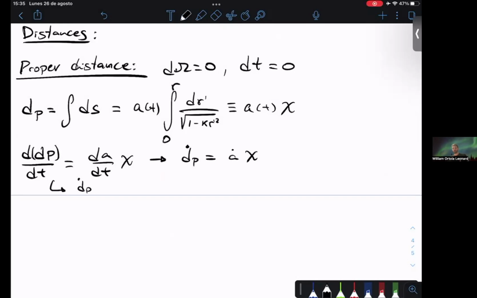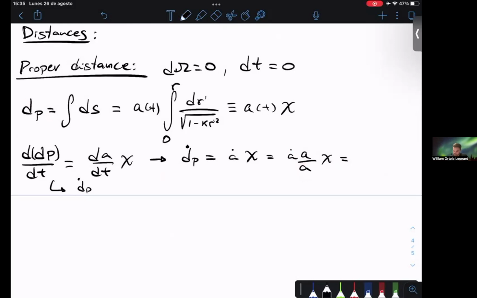And now we're going to do the same trick that we did in the previous videos, which was multiplying and dividing by the scale factor. And what we end up finding is a dot over a times a times chi. And if you realize, a times chi is just simply, again, the proper distance, right? And then a dot over a is what we defined previously as the Hubble parameter.